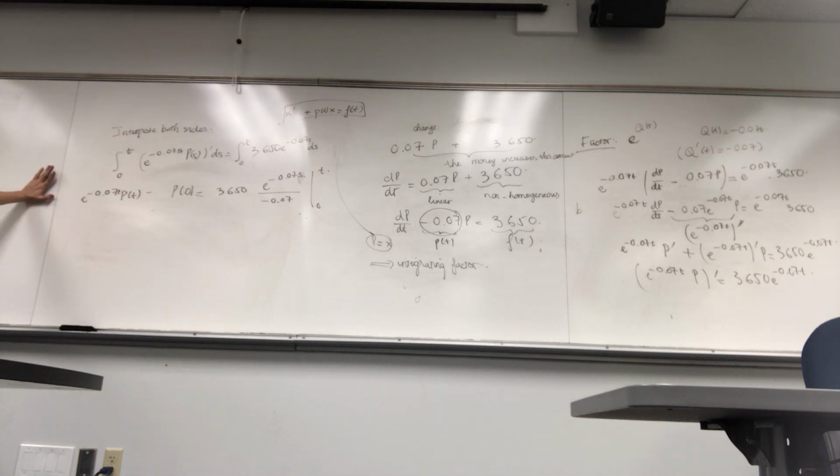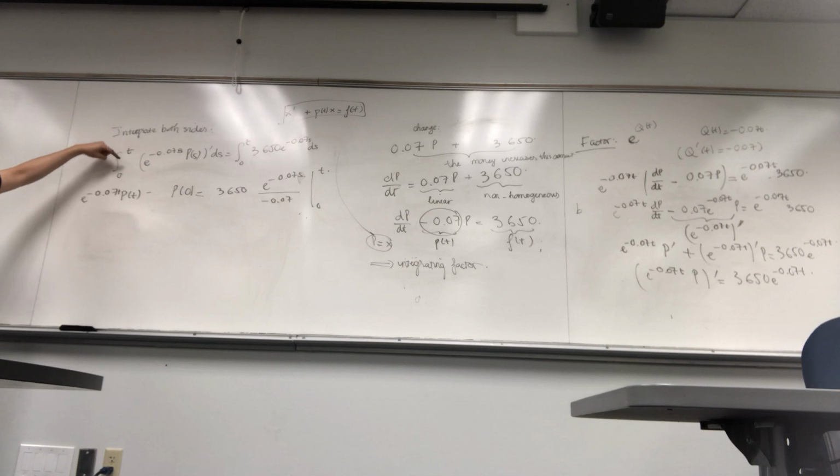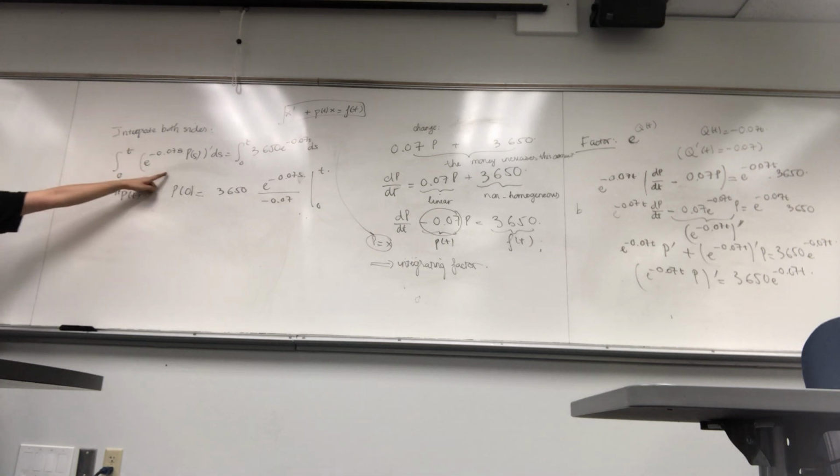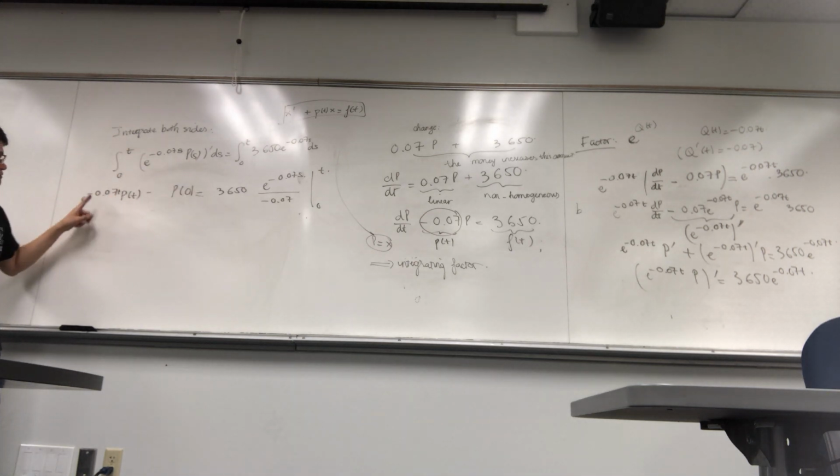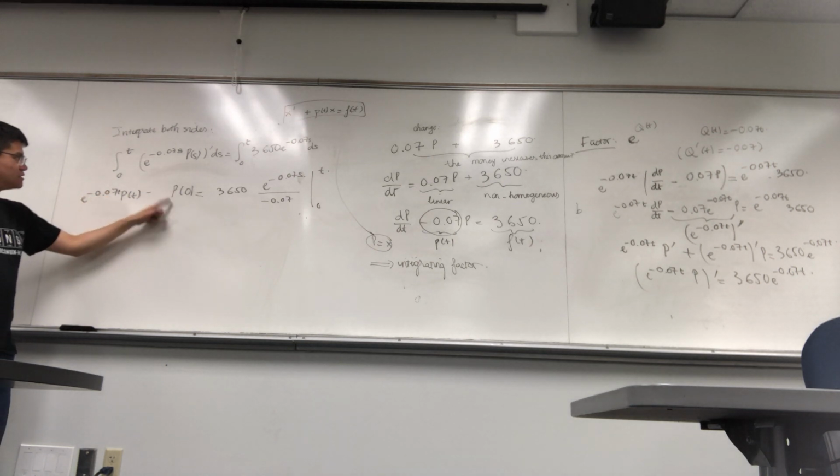Now what I'm doing is integrating both sides, but because this is a population, I'm gonna give you the initial condition. So this is the initial amount of money, and the first is at time 0. This is why I have to integrate from 0 to t, but you can do it the other way, it's fine. Now I integrate the left hand side, which gives me the exponential of 0.07t p(t) minus p0.